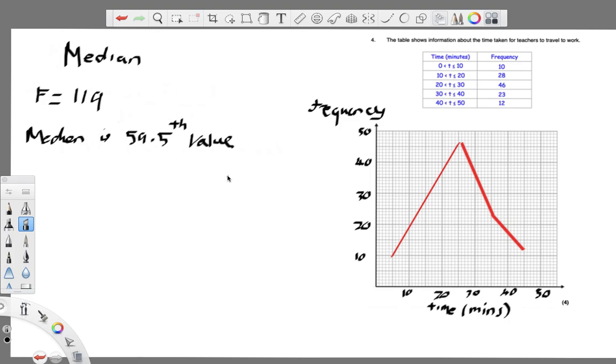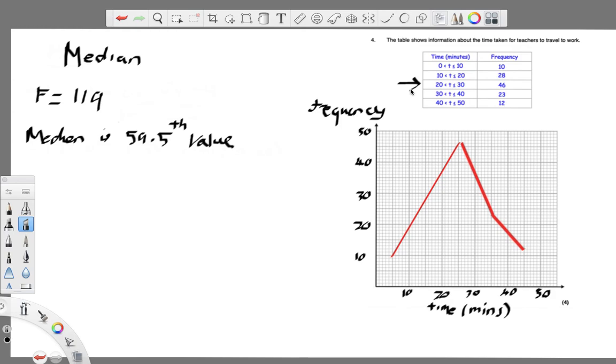So then, how do we find that? Well, we start adding up our frequencies. So it can't lie in the first category, in the first class interval, because there's only 10. So we start that running total like we did with the histogram. So move to the next one. Well, the summation of 10 and 28 is 38, so it can't lie there. So then we would add 46. So we're happy that it must lie in this class here.